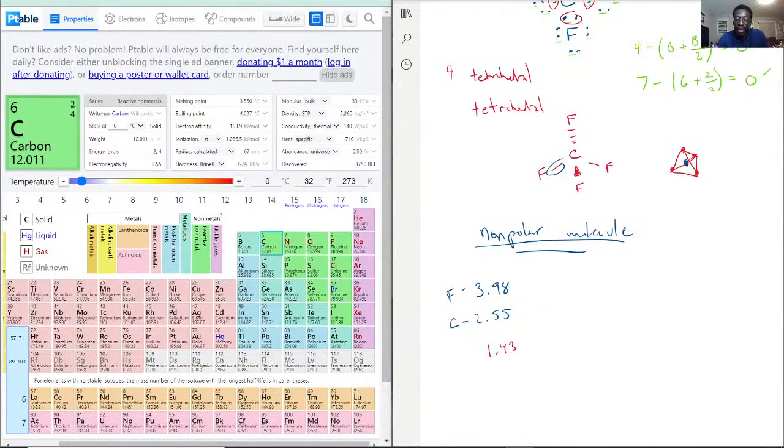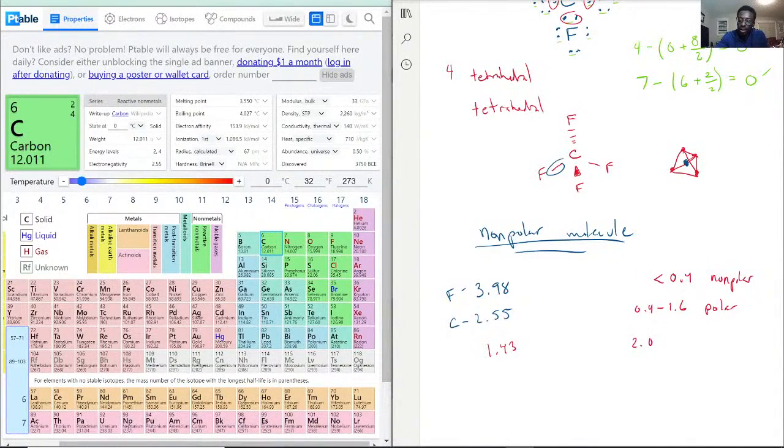With that being said, the cutoffs, and I'll just say this because there's a little bit more complexity to it: between 0 and 0.4, that is going to be non-polar. And between 0.4 and 1.6, this is now a polar bond. And between 2.0 and whatever number you can get, 2.0 and greater.